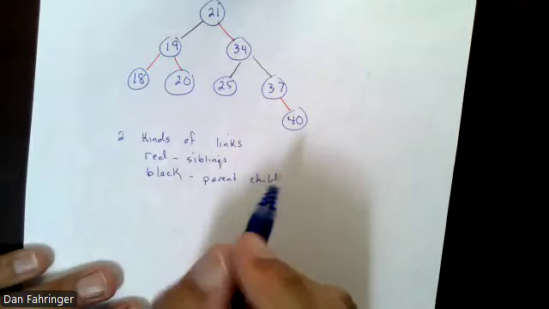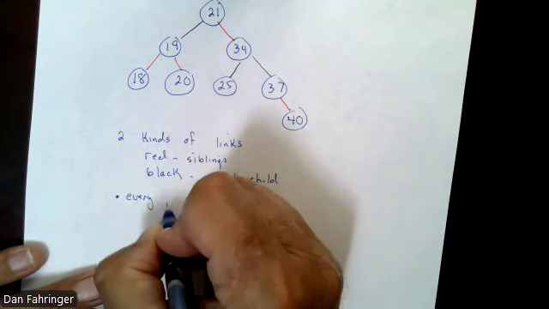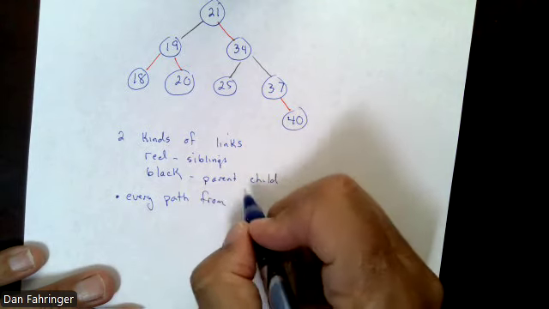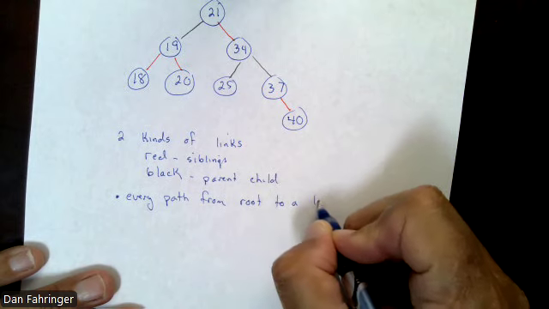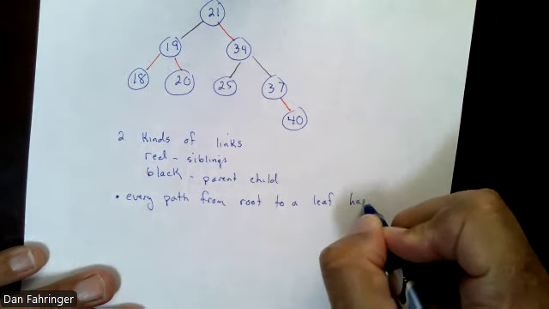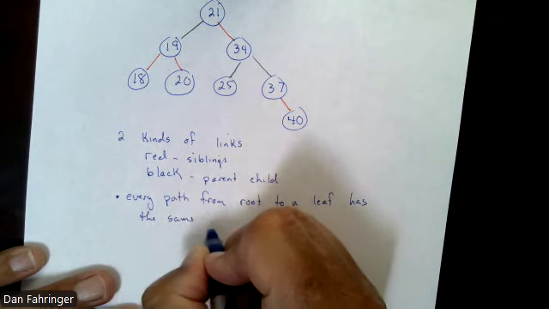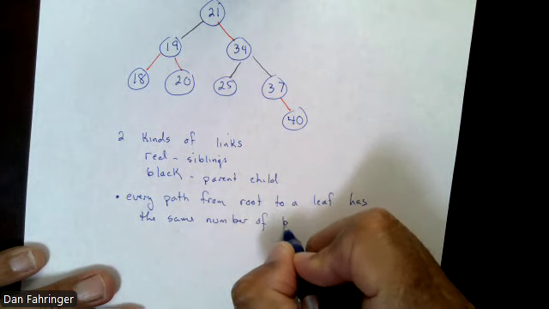So a little note: every path from root to a leaf has the same number of blacks.